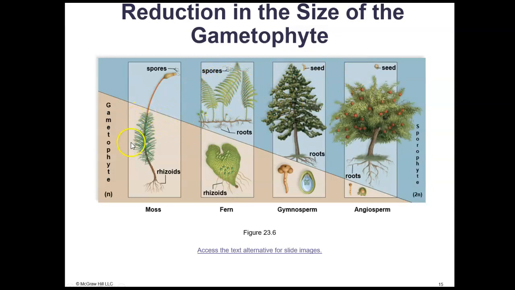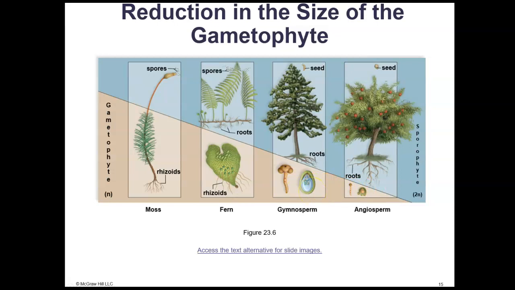The dominant generation in the moss is the gametophyte. The dominant generation in the fern is the sporophyte. The dominant generation in the gymnosperm and the angiosperm is the actual trees, the actual plants themselves, because the gametophyte generation is reduced. You don't always even see those. They're just small structures that grow on the sporophyte.